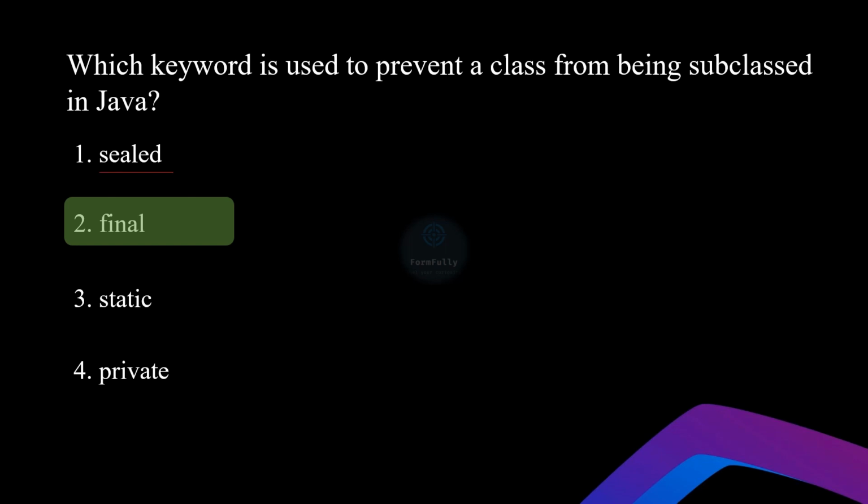Option A, that is sealed, is a new feature in Java 17, but it is used to control which classes can extend it, not to prevent subclassing entirely. Option C, that is static, is used for methods and fields, not for classes. Private is used to restrict access within a class but not to prevent subclassing. So option 2 is correct.